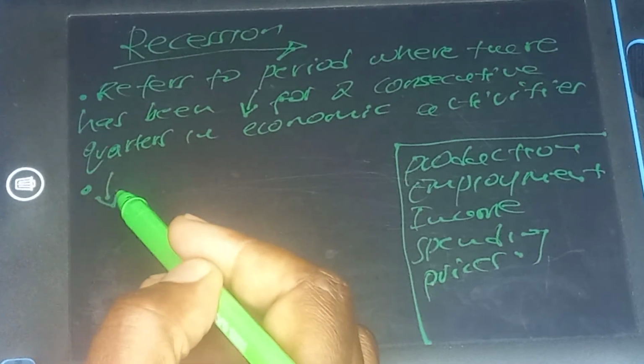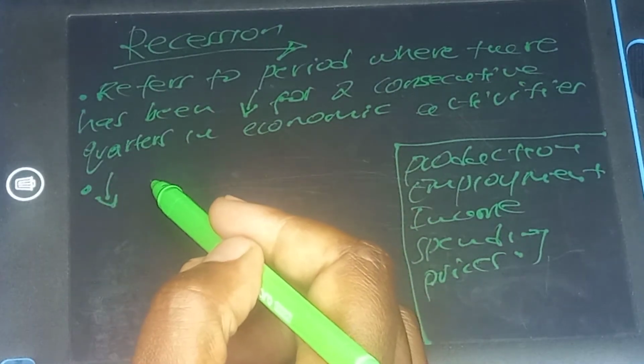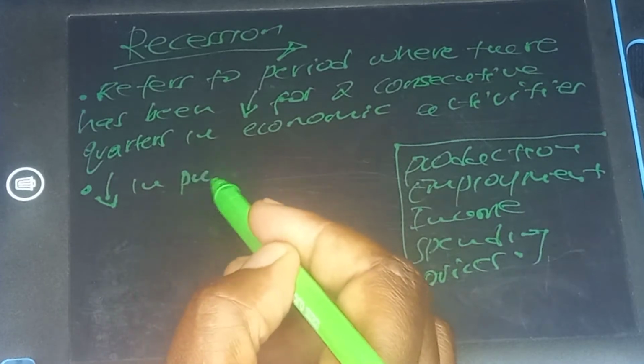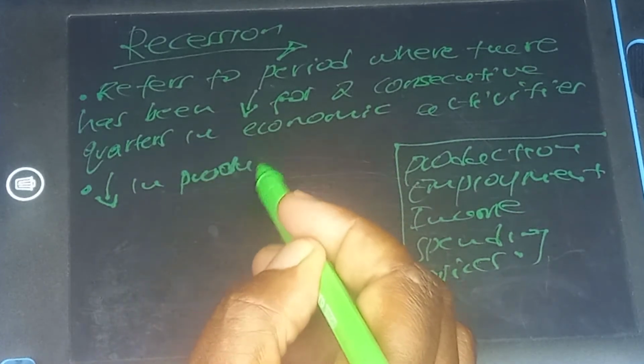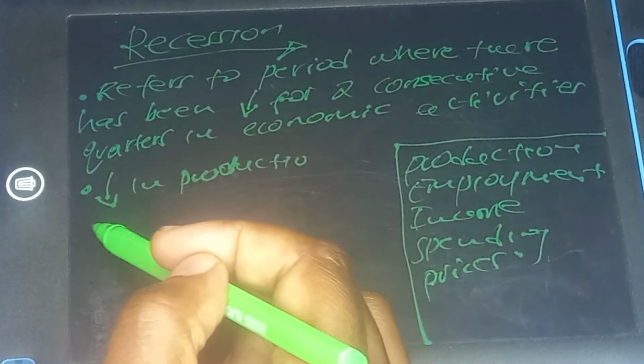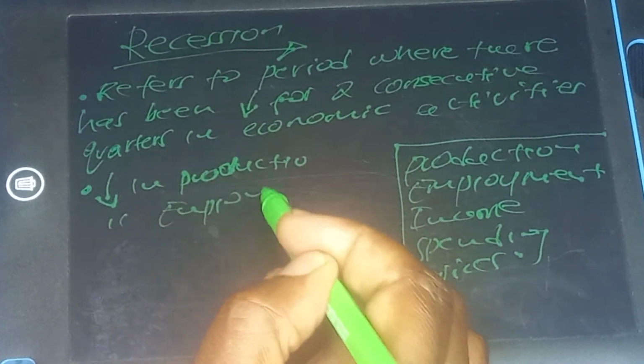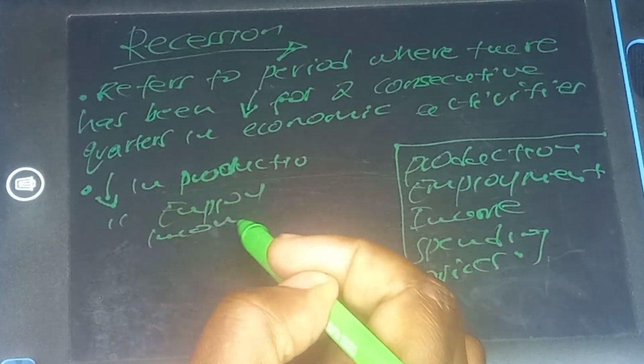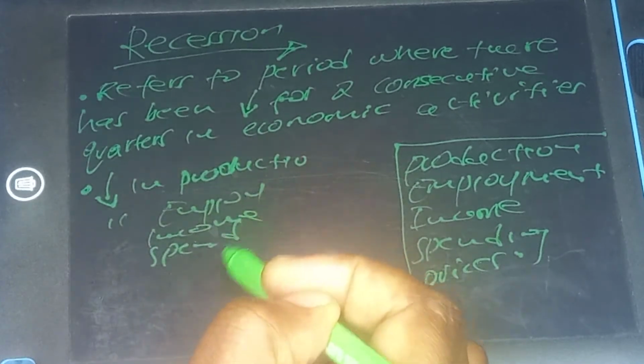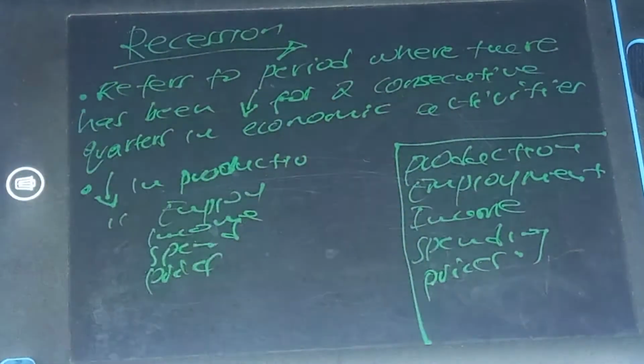So there's a decline in production, employment, income, spending, prices. So when economic activities are starting to decline in all these aspects.